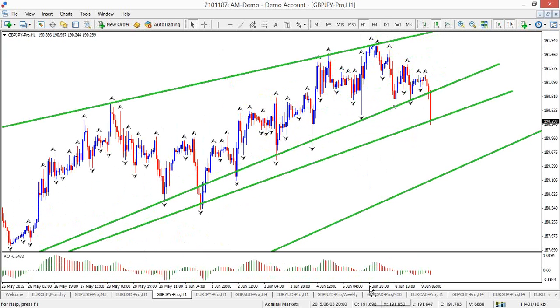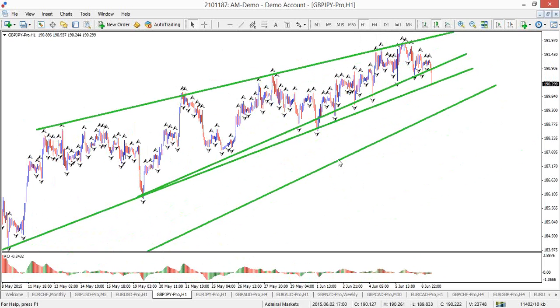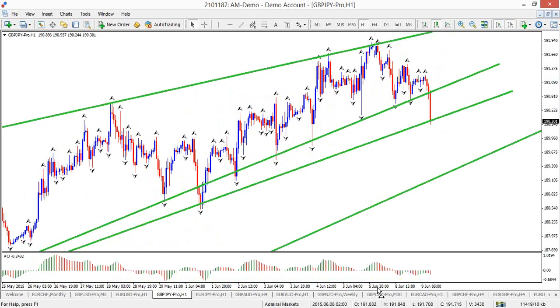All right, going down to the hourly chart. You can kind of see a rising wedge pattern here. And you can clearly see this trying to break.